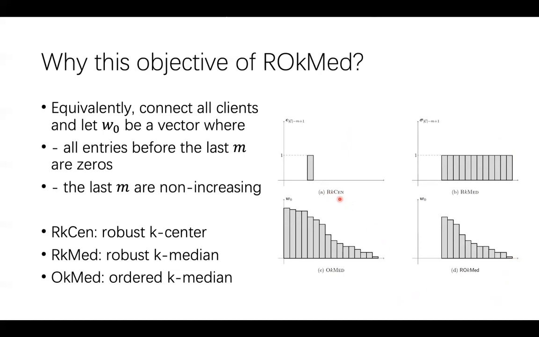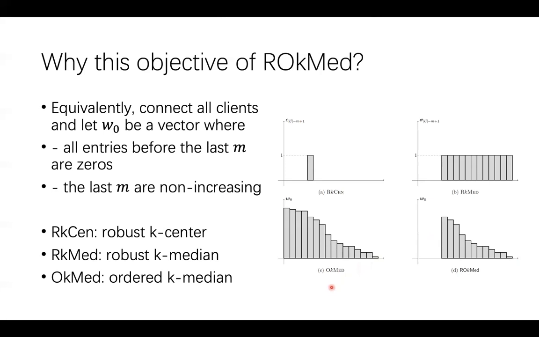In robust k-center, the weight vector is a so-called one-hot vector where all but one entries are zero, and there is only a single one. Then in robust k-median, all the entries before the last m are zeros and the last m are ones.